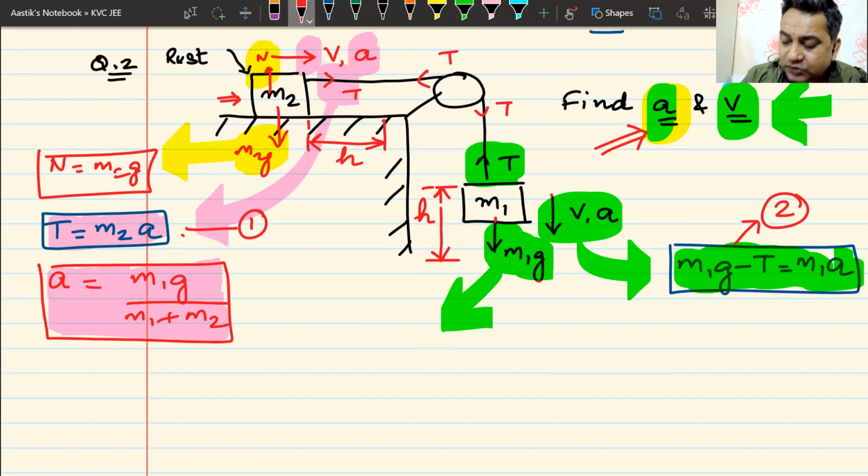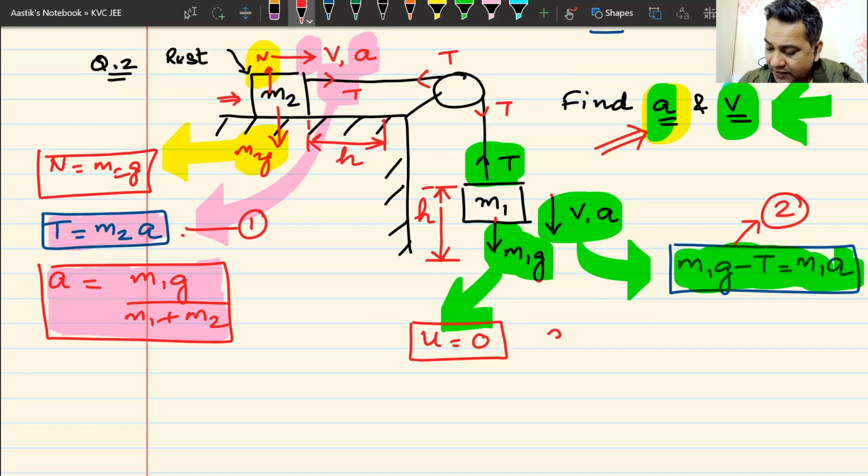Let me write what I know about this block. The initial velocity of the block is 0. Yes or no? The initial velocity of the block, lower block or the upper block, is 0. I have calculated the acceleration. Acceleration will be minus m1g upon m1 plus m2.